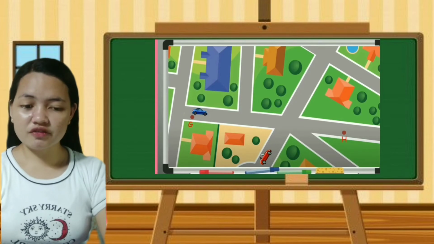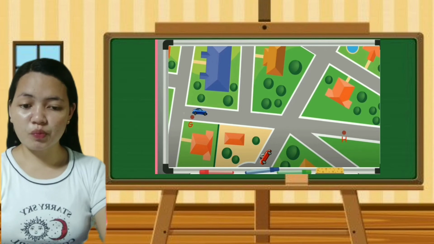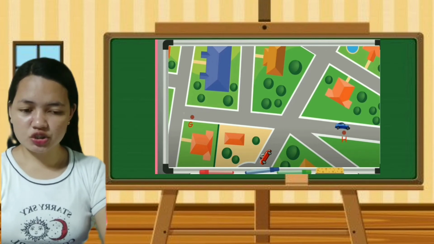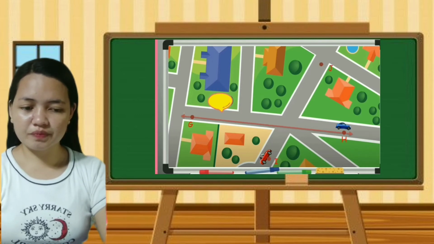Now let's observe the movement of the two cars. The blue car moved from point G to point H. If we represent it using a line, we can name it line GH.